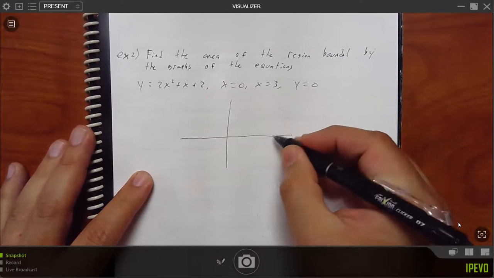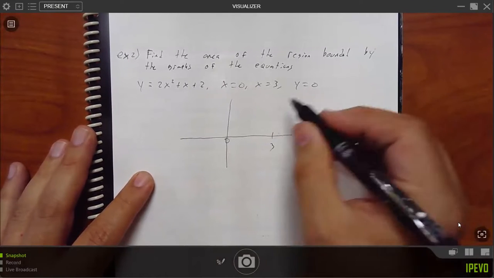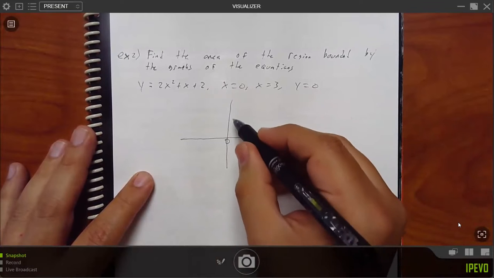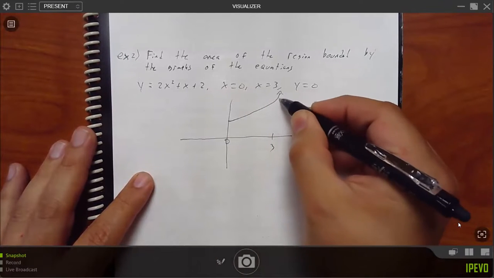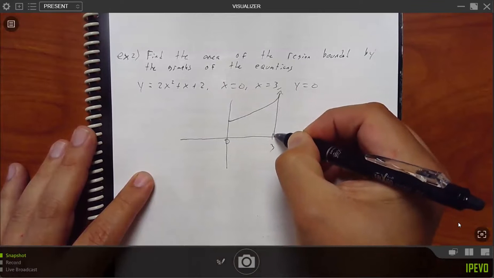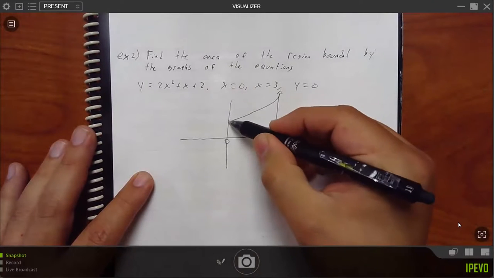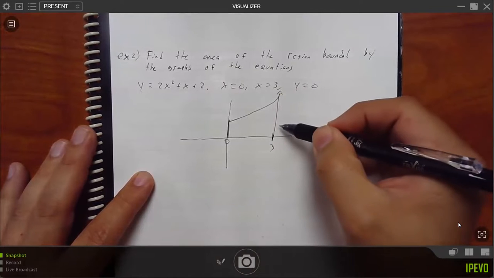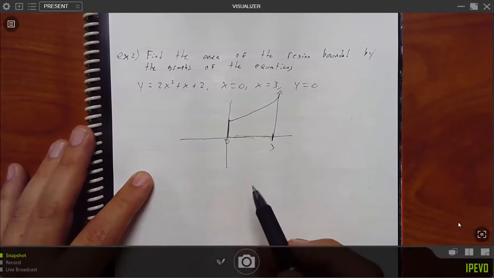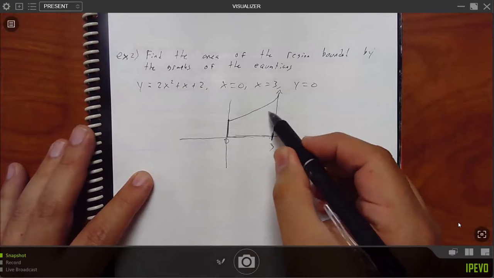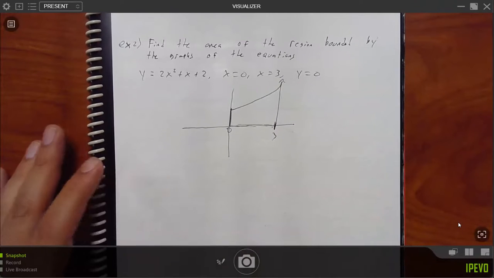So here's 3, here's 0. There's a parabola, I don't know, somewhere up here doing this kind of thing. You have the line x equals 3, blocking that off. We have x equals 0, blocking this off. We have y equals 0, blocking this off. So the section we're looking at is in here. Granted, mine's not as pretty as Desmos, but it's cool.